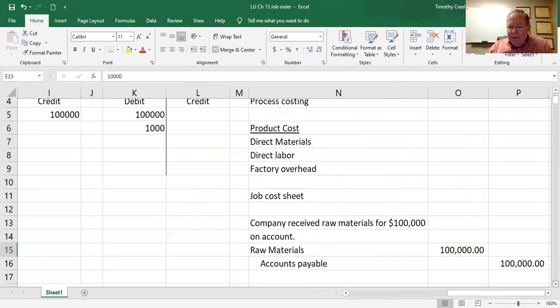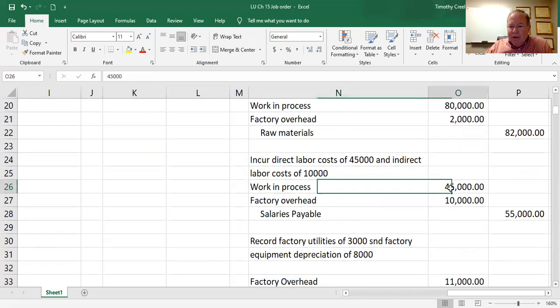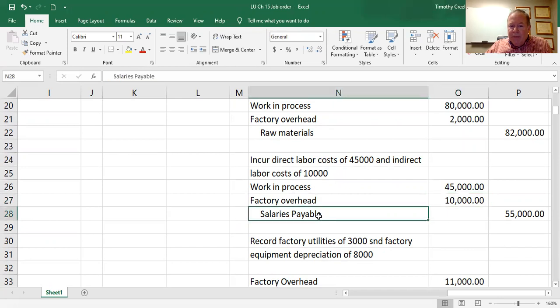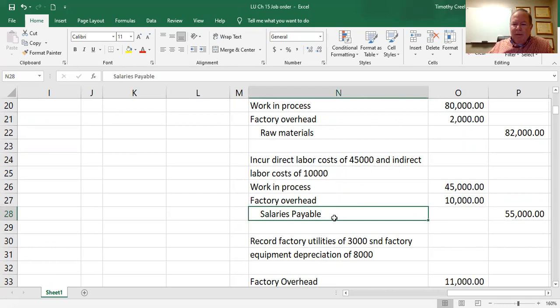And so we would go down a little bit here, and we would debit work in process for 45. We would debit factory overhead for 10, and we would credit salaries payable for 55,000 here. Salaries payable is typically the account that's used, maybe wages or salaries payable. They basically are very similar accounts. So either one of those would typically be used here.